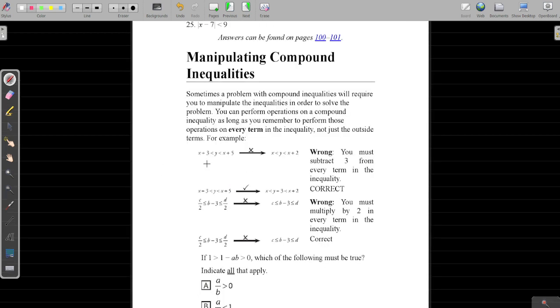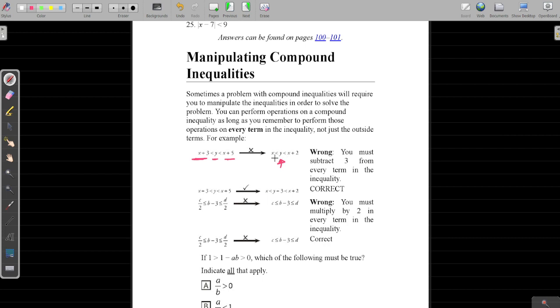Now check this one. Look, here the inequality is x plus 3 less than y less than x plus 5. So what they have done, look at this. Here the term was x plus 3 and we get x. It means they have subtracted 3 from this side. So you need to subtract 3 here and here also. But look at this, here they didn't subtract 3.